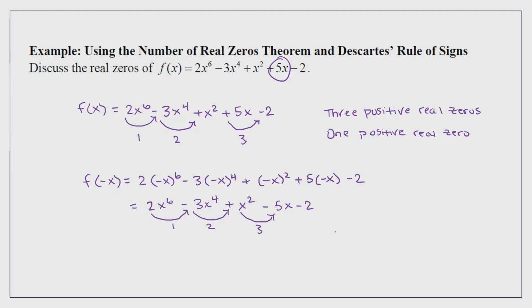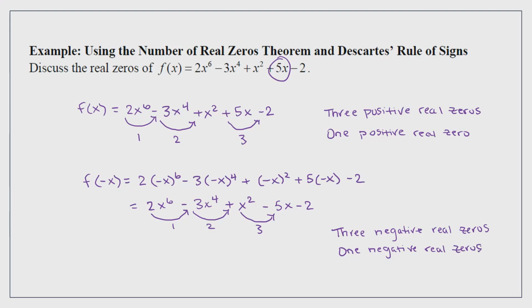So this is similar to the positive. So we could have 3 negative real zeros or 1 negative real zero.